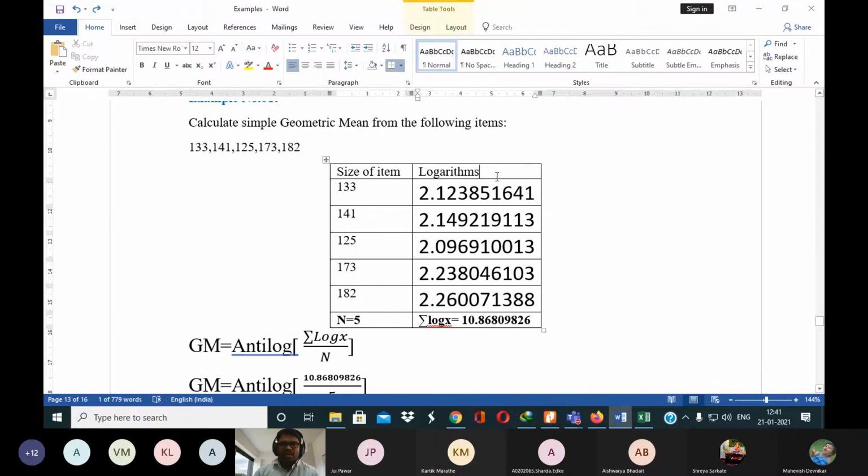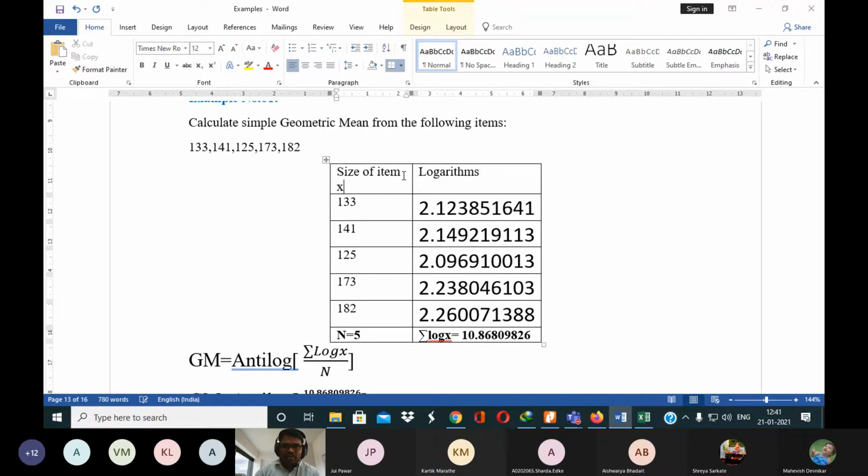This is your x value, and we need to find out the log of x. First we need to find out the log of 133, then the log of 141 is written here.